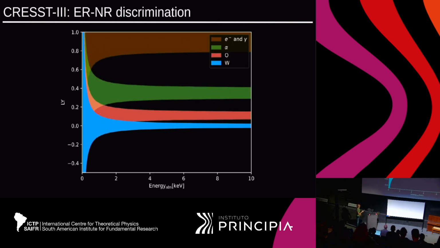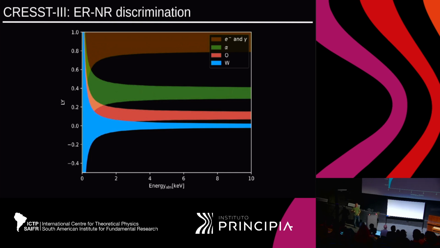And here, what I'm showing, this is the theoretical expectation, okay, for the electron recoil, nuclear recoil discrimination. In the x-axis, we have the energy that is deposited or goes into the absorber. And in the y-axis, this is light yield.